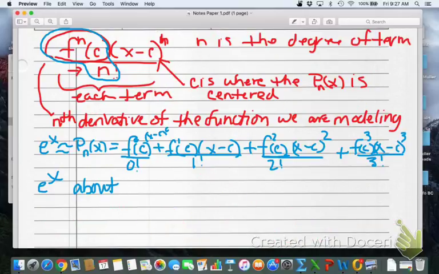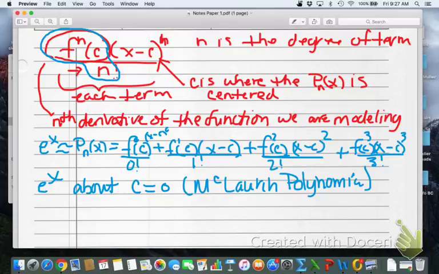And let's just say it's going to be about c equals 0. So when c equals 0, this is a Maclaurin polynomial. If c is not 0, we'll just go ahead and add these to the note. It's called a Taylor polynomial.